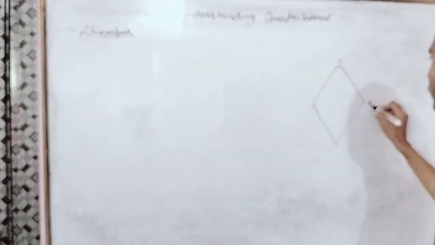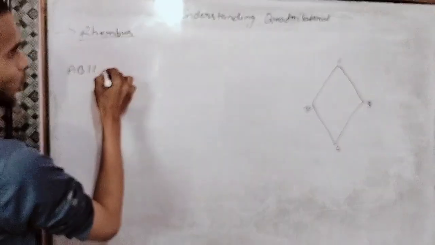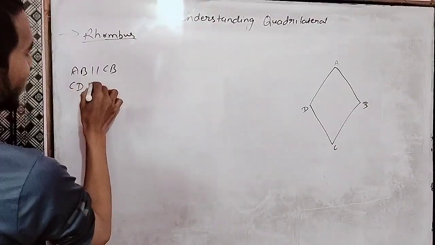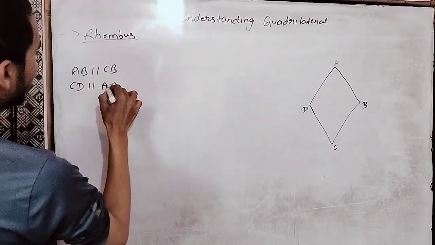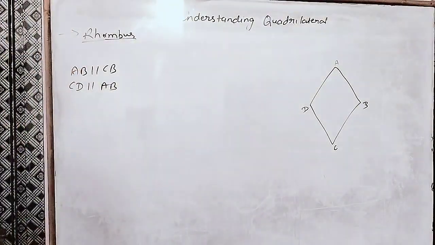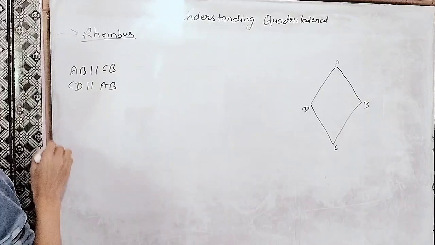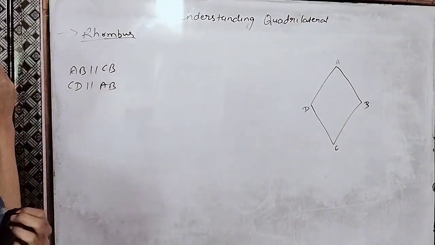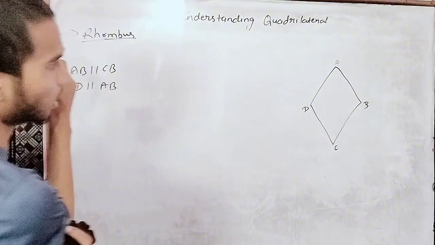A, B, C, D. Okay. So here AB is parallel to CD and BC is parallel to AD. Now, clear? You are already clear. Now it is saying what?